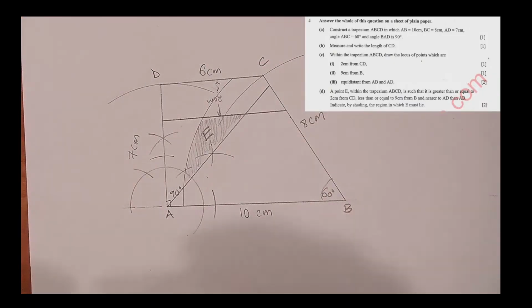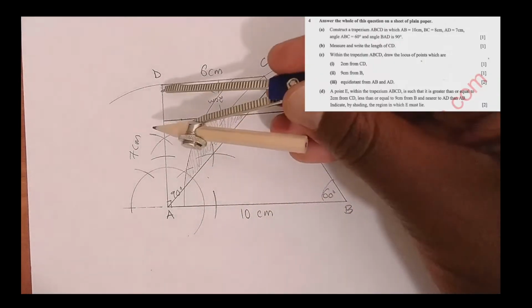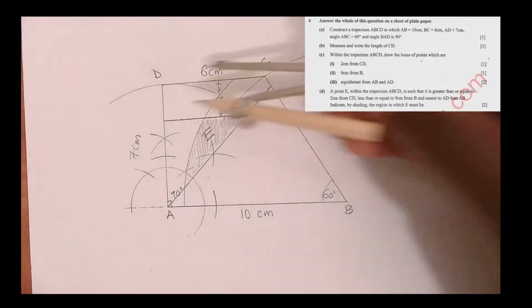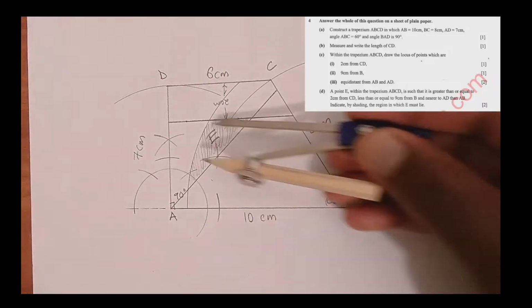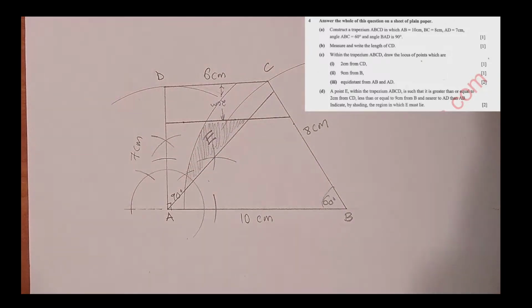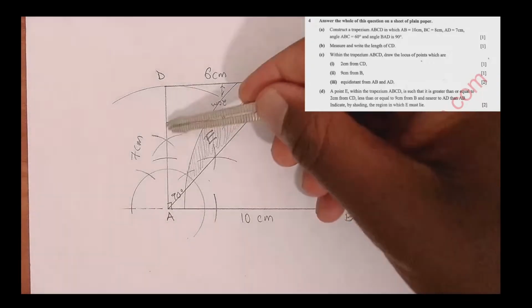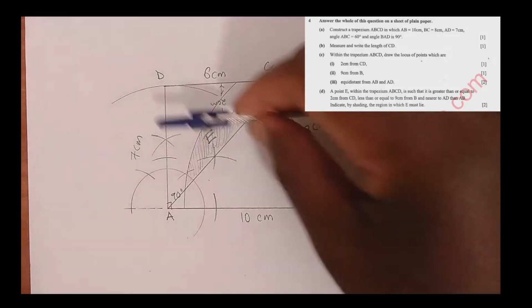All right, so again, this shaded region is greater than or equal to 2 centimeters from CD. 2 centimeters ends here. So we're beyond this line. And then let me use my divider. Yeah, we're beyond this line, this way.